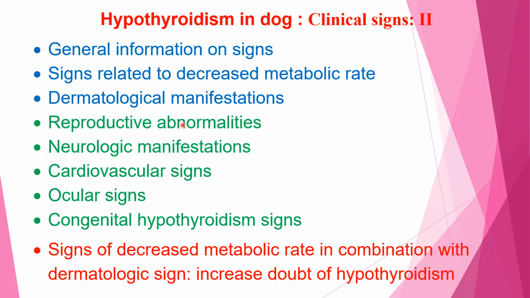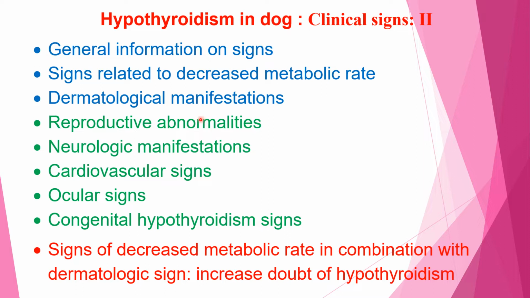Hypothyroidism causes decreased metabolic rate, so it affects all cells, all organs, all systems of the body. We have already seen the general information on signs related to decreased metabolic rate and dermatological manifestations.